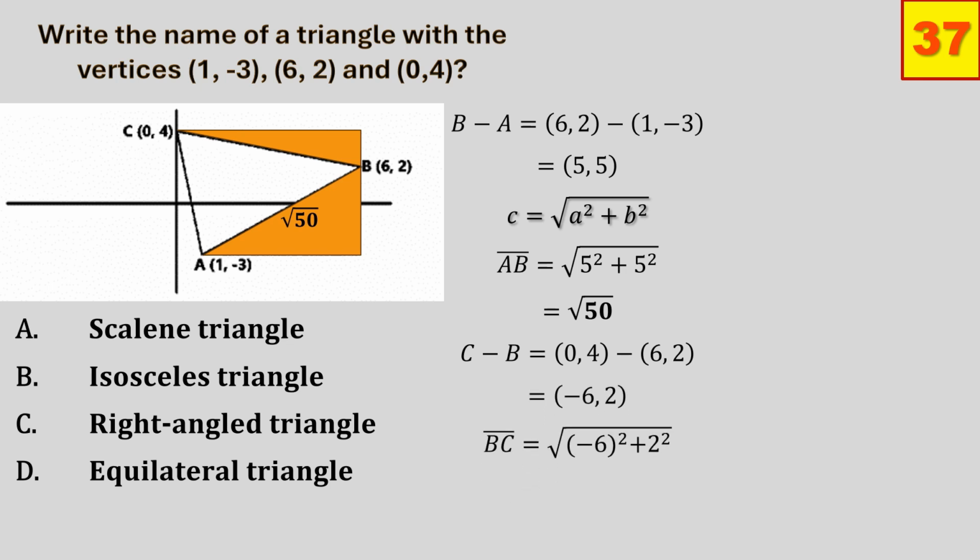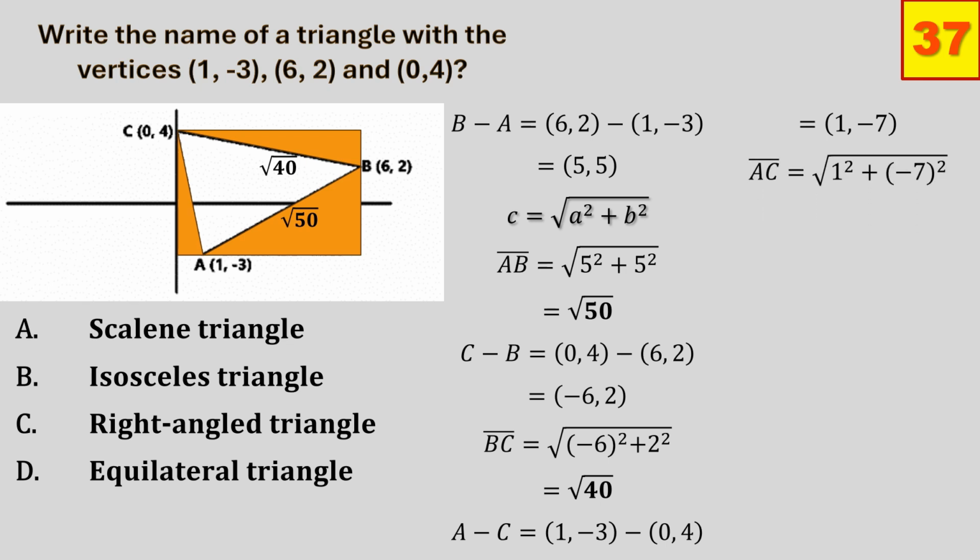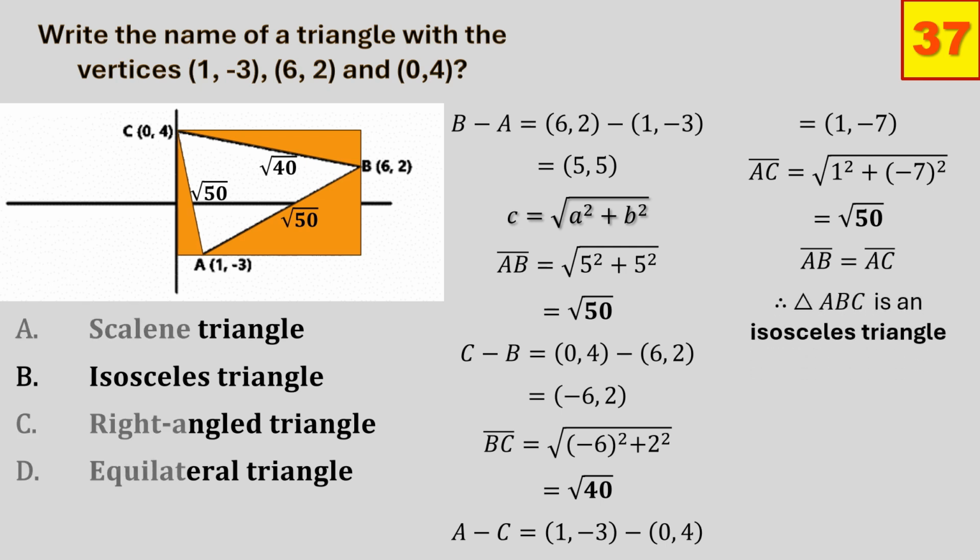So line BC is equal to the square root of 40. Finally, the change in x and y from point C to point A is 1 and minus 7. So line AC is equal to the square root of 50. Line AB is equal to line AC, and a triangle with two equal sides is an isosceles triangle. Option B.